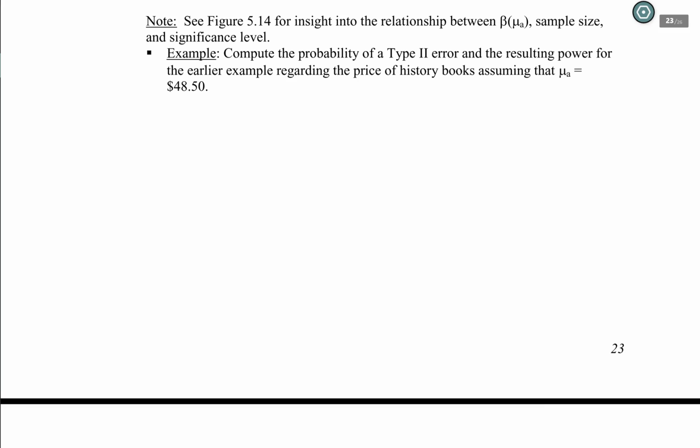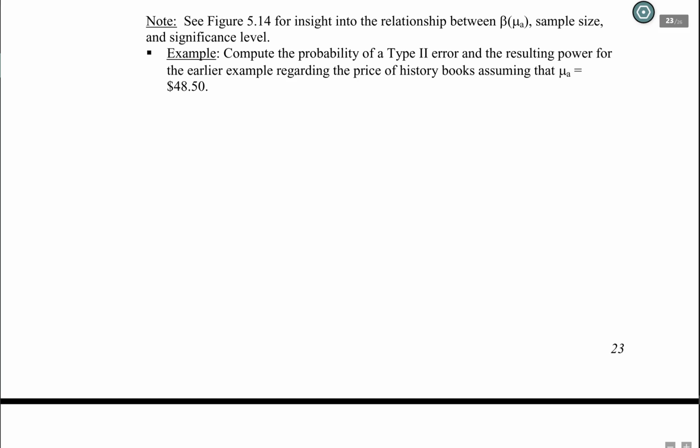Okay, so we're going to revisit this earlier example where we dealt with the average price of history books, and we want to compute the probability of a type 2 error regarding the price of a history book, assuming that mu sub a is 48.5.